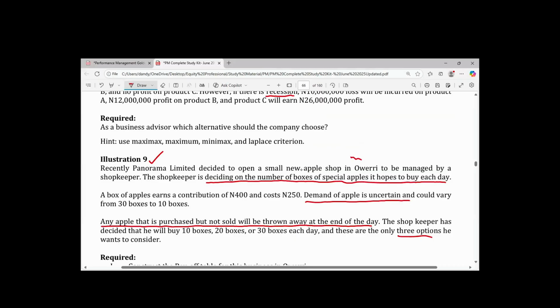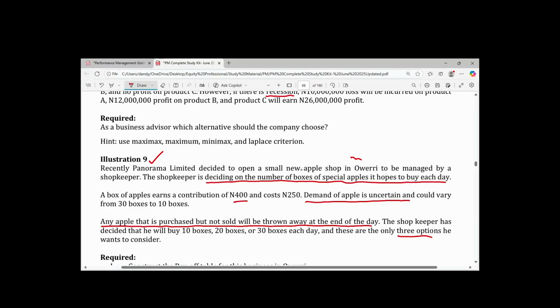So you are told that a box of apple earns a contribution of 400 naira and costs 250 naira, which means that we are going to have a profit of 150 naira per box. To construct your payoff table, you are going to indicate the alternative courses of action horizontally. The state of nature will be indicated vertically.